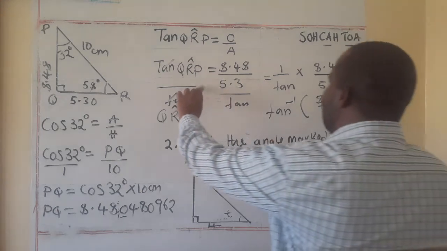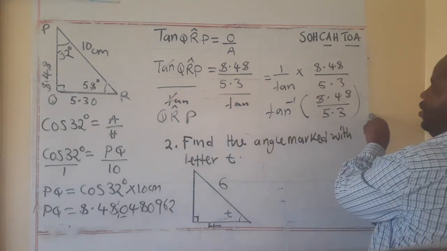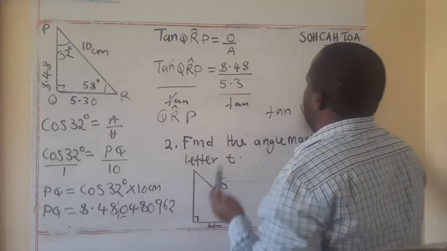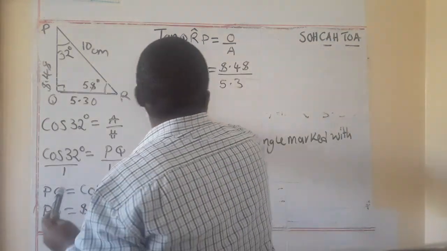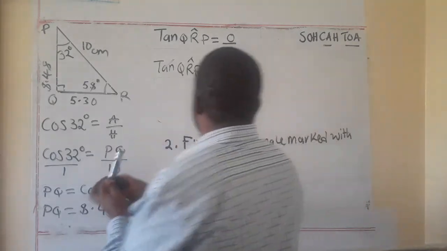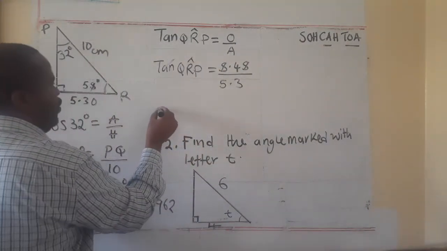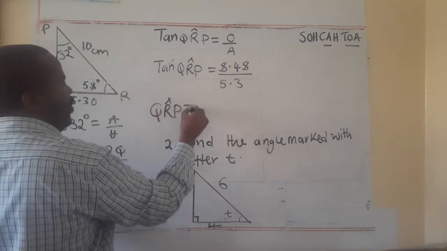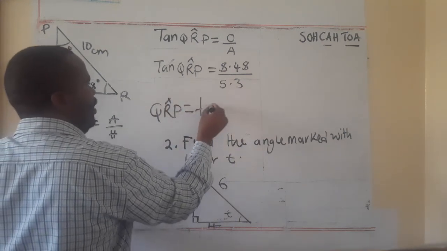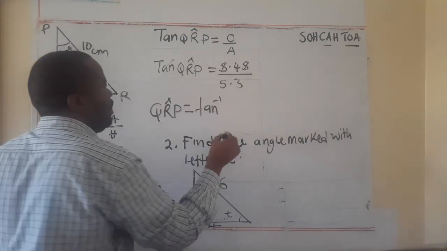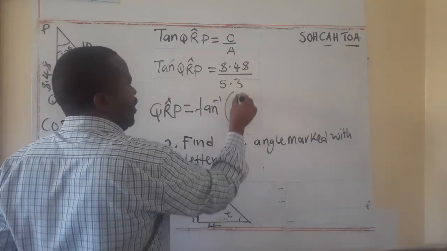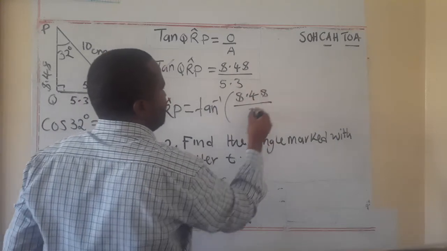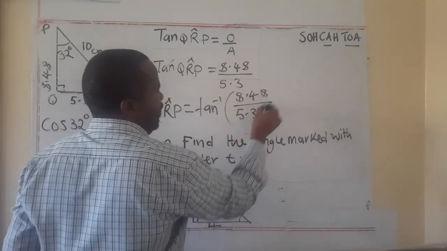So automatically here, for angle QRP, you are going to say tan inverse of 8.48 divided by 5.3.